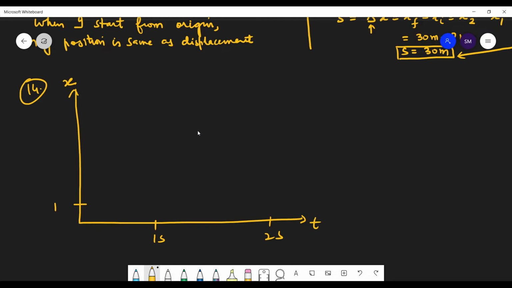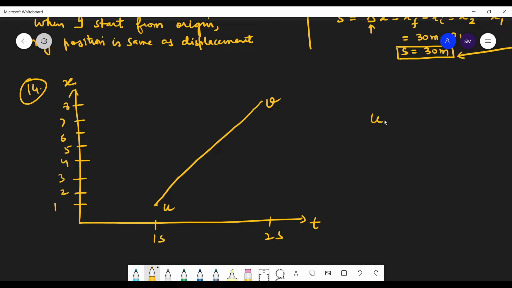That is your graph. So 1, 2, 3, 4, 5, 6, 7, 8. This graph is something like here to here. So that's the graph you have, and u is written over here and v is written over here. The initial velocity and acceleration of the particle.